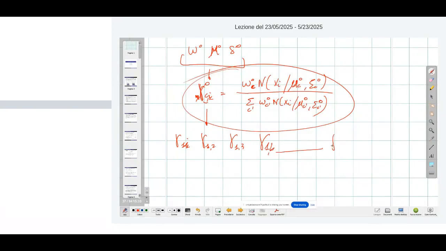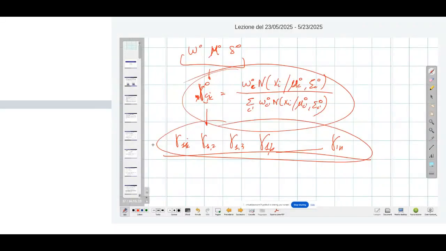All the samples of the dataset contribute to cluster 1, maybe with very small weights, but the weights will never be 0 because the density is never 0. If the prior probability of the cluster is not 0, then the posteriors cannot be 0. So each point, even very little, will contribute to all the components with these weights. What changes from component to component is the weight. So for the second component, I will have different weights, and so on.